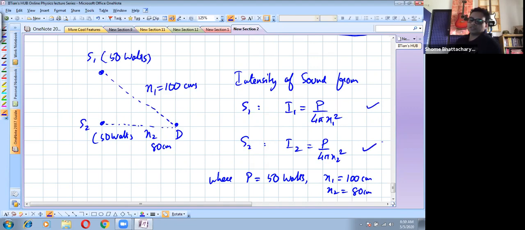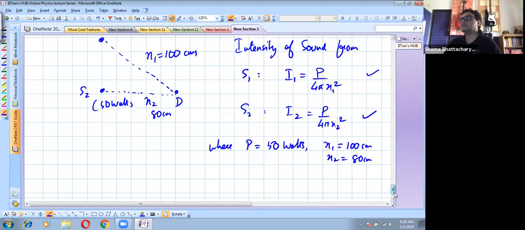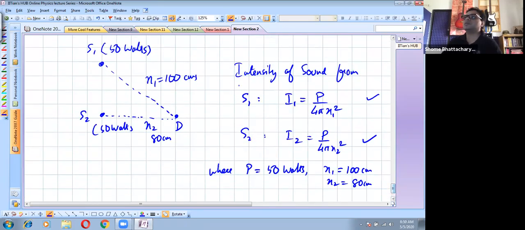Now we will use the relationship between intensity and amplitude to find out the net intensity. So first of all, understand this properly.